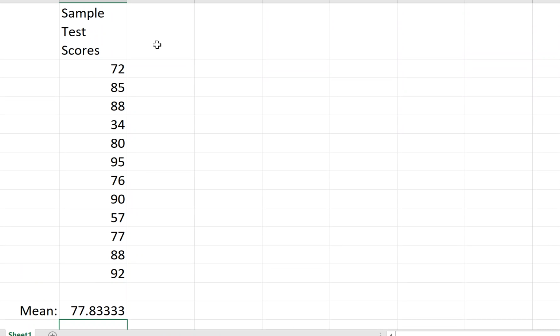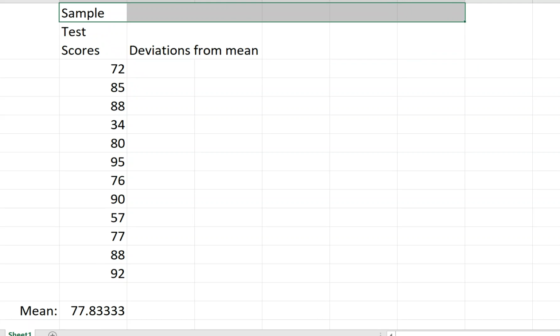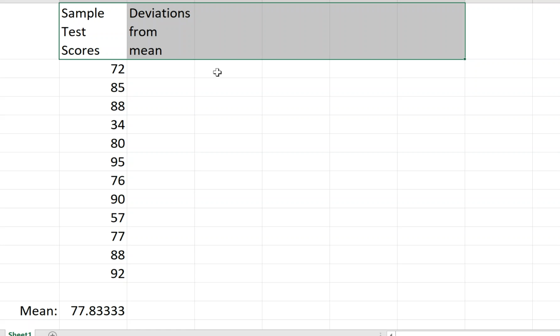Now, what I need to do is I need to then find out how far each of these data values deviates from this mean. What's the distance from the mean? So deviations from the mean. Let's go ahead and make all these cells wrap the text. There we go.